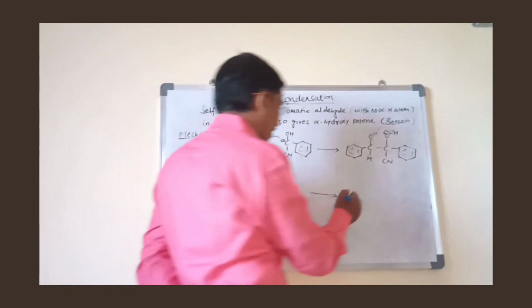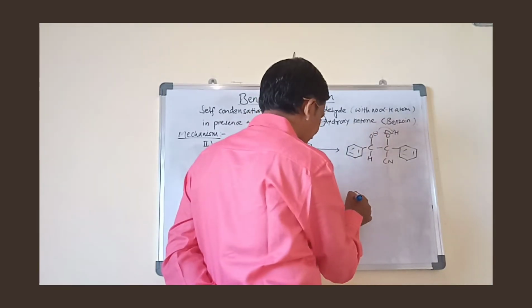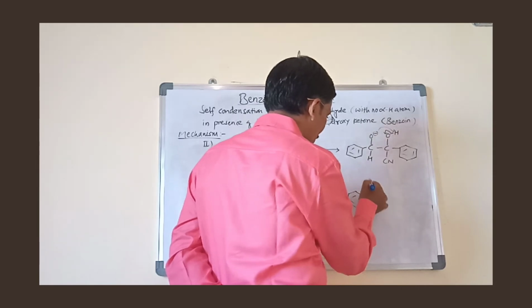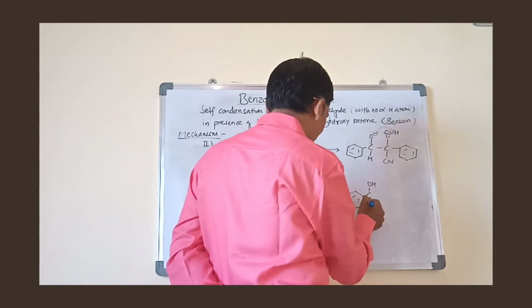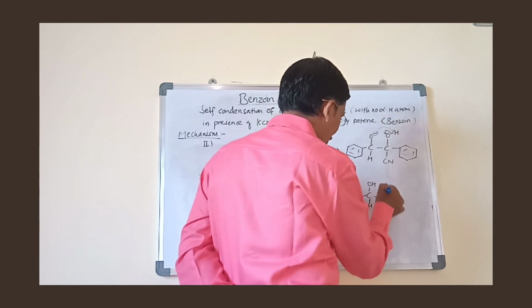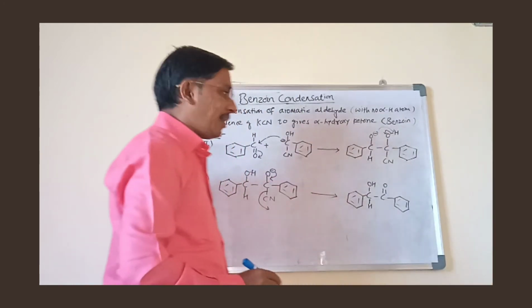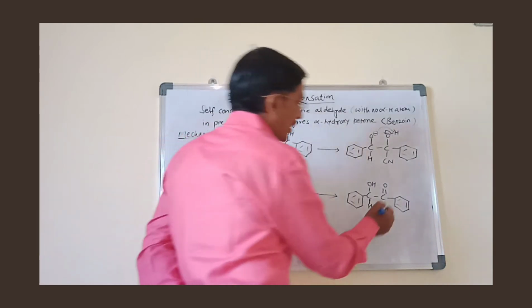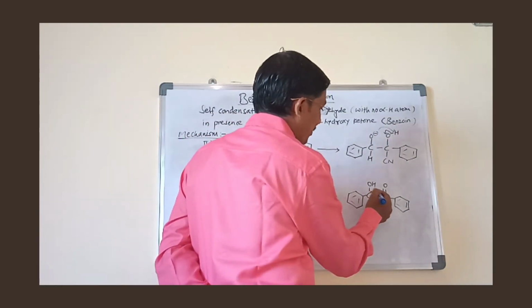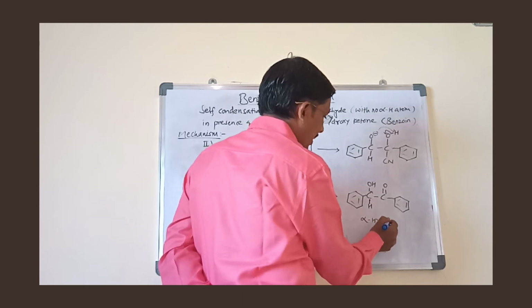In this way, we get the product, here C OH, H, here C double bond O, and this is an alpha hydroxy ketone. This is the functional group, this is the alpha carbon, alpha hydroxy ketone. This is our target molecule.